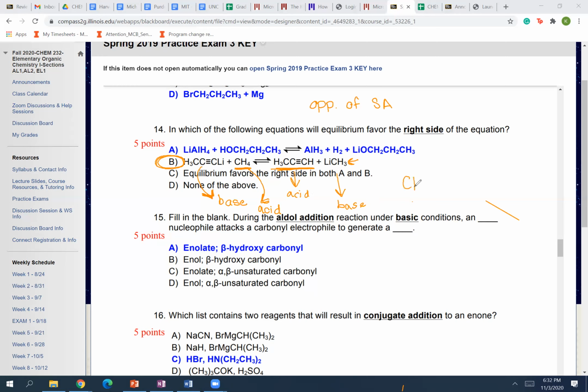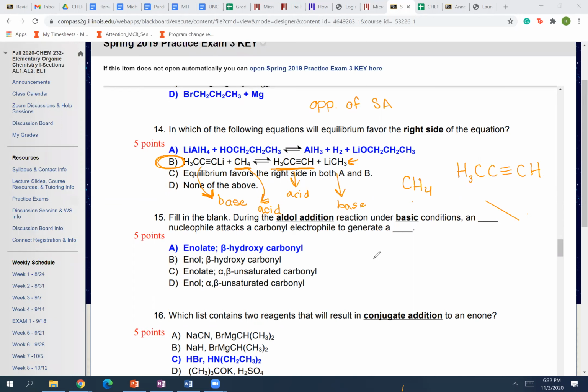So comparing the acidic quality of our CH4 group, methane, versus our terminal alkyne, whoops, I forgot a carbon there. We know that when we're evaluating acidity, one of the trends that we can think of is the orbital effect. So this is way, way, way back for exam 1 material when we're ranking acidity.